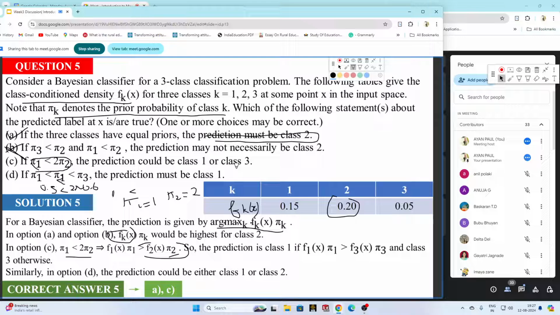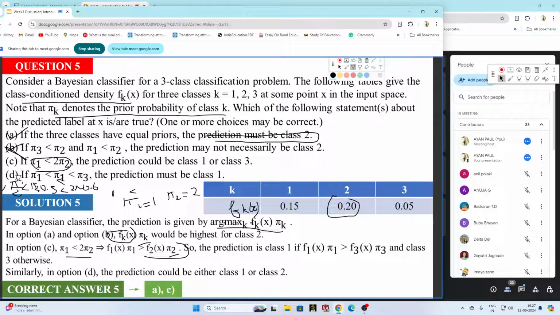So no, the C option is not correct according to me, because pi 1 is lesser, right? Pi 1 is lesser than 2 pi 2. So pi 1 is lesser than 2 pi 2 means pi 1 by 2 is lesser than pi 2.